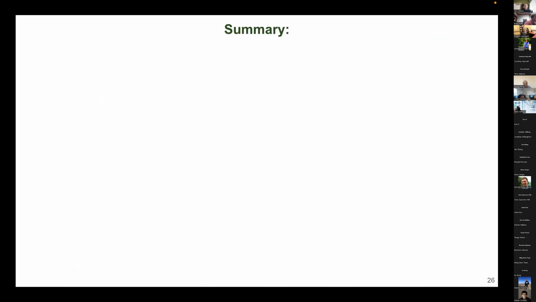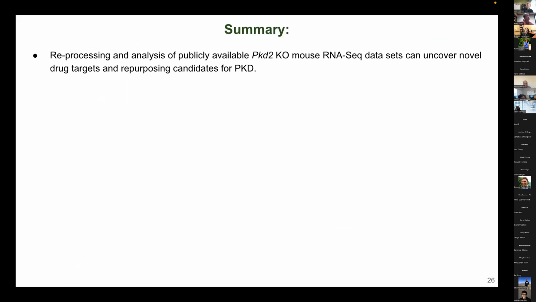So to wrap up this section of my talk, I just want to say that this study was done by reprocessing and analysis of publicly available data sets. And so these are uses that extended beyond the original analyses that were conducted on these data sets, and really, I think, highlights the importance of public data repositories for increasing knowledge around PKD.